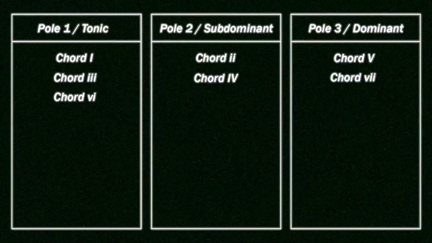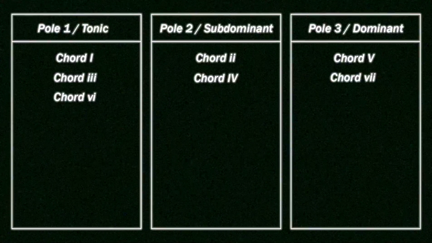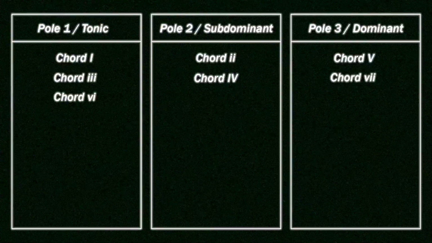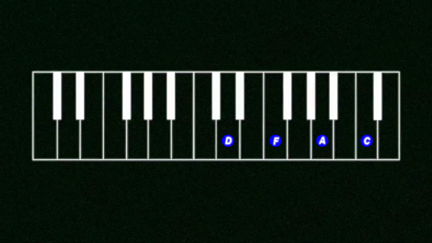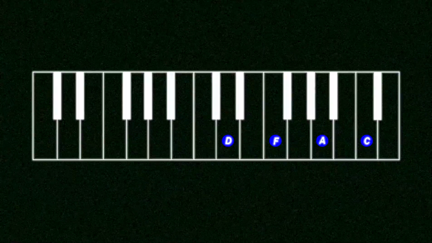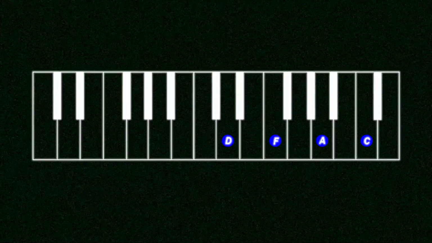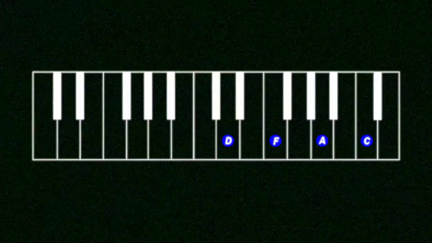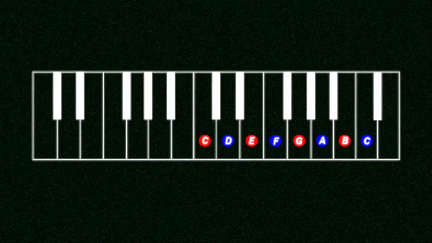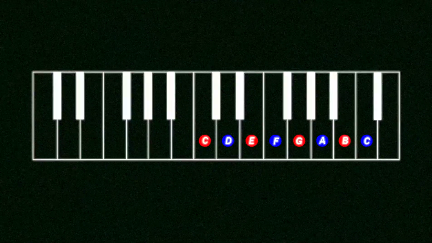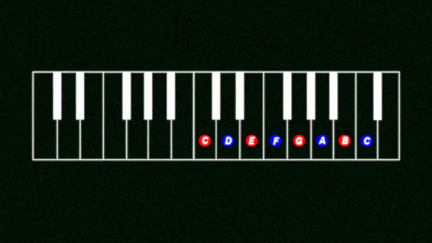Pole 2 contains subdominant chords, and subdominant chords are a middle ground between tonic and dominant chords. Subdominant chords don't sound as abrasive as dominant chords, since they don't contain any tritone intervals. However, they don't necessarily sound like home because they don't share enough notes with chords 1, 3, and 6.